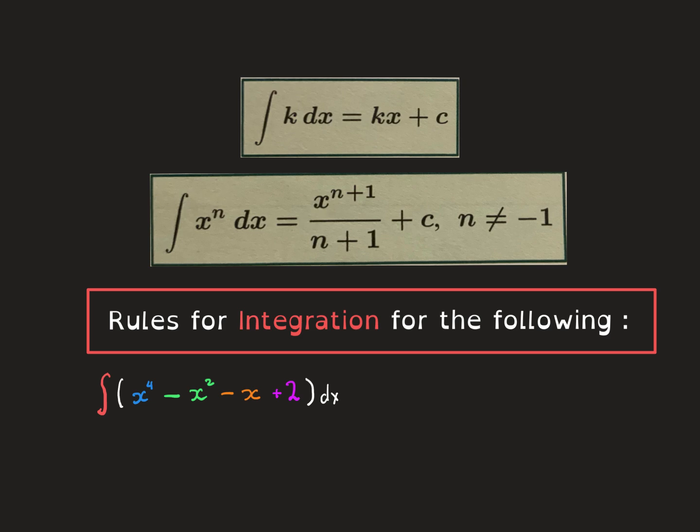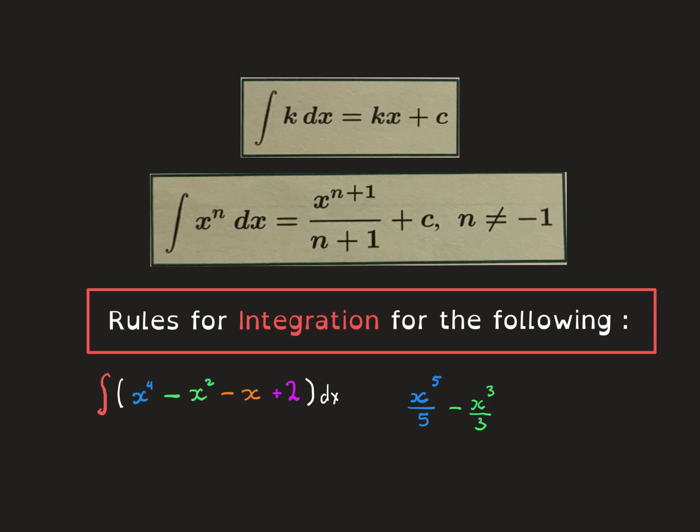So to start off with, our blue term can be integrated by saying it's x, 4 plus 1 is 5, over 5. And now we'll integrate the green term, and that'll be x, add 1 to the 2, that's 3, divided by 3, and there's a minus in front of it.